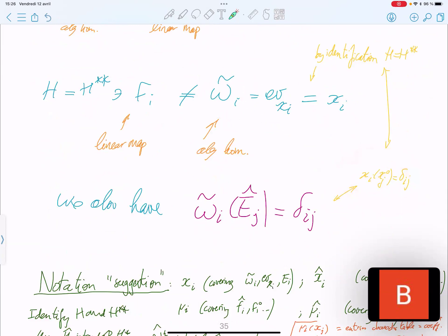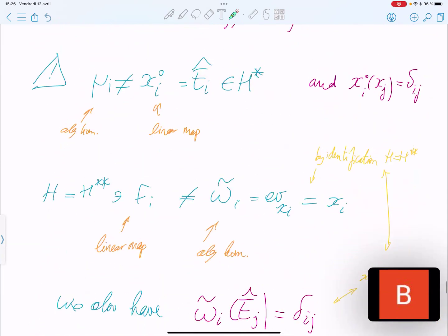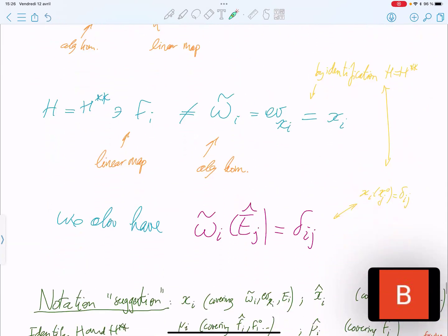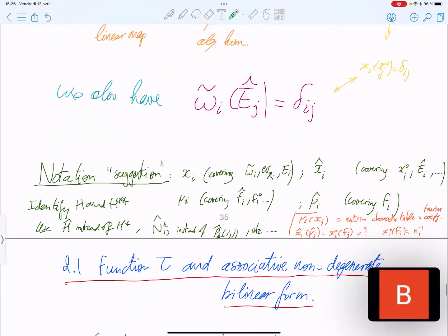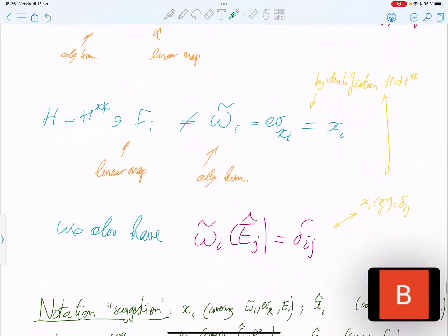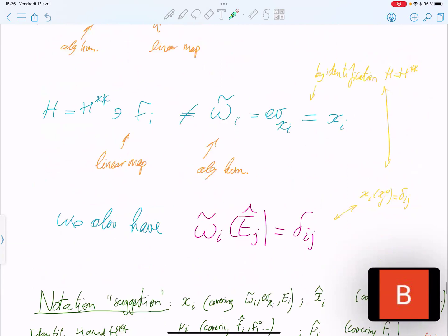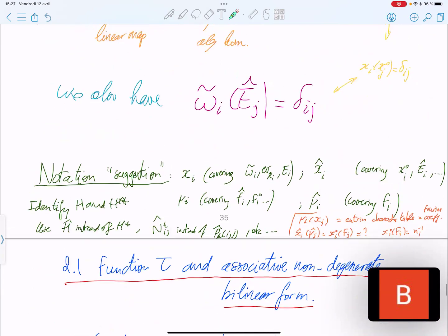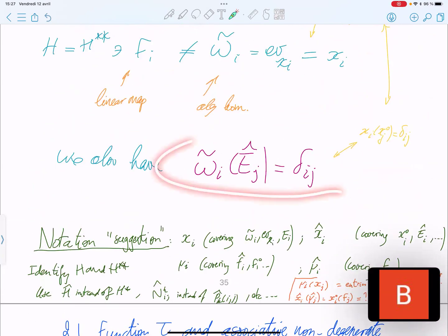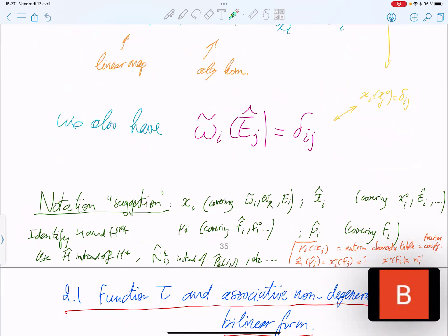Okay. So that's okay. So my suggestion about notation, even if I will need to talk with my co-author, it's not clear we will follow this. But at least what you can see is that the notation xi covers that, and that.